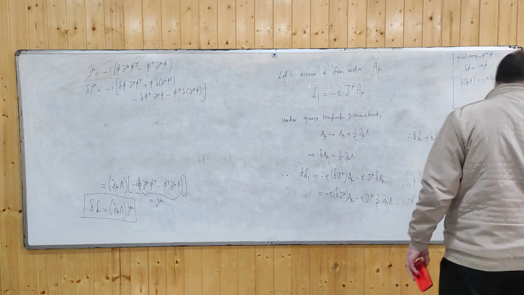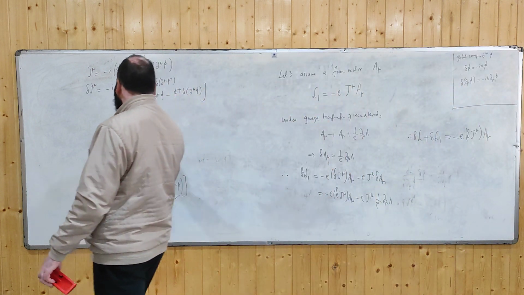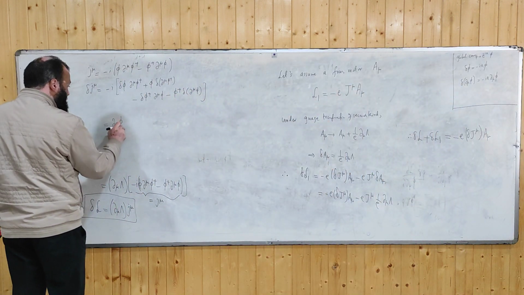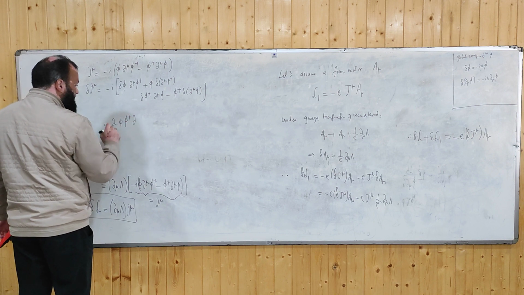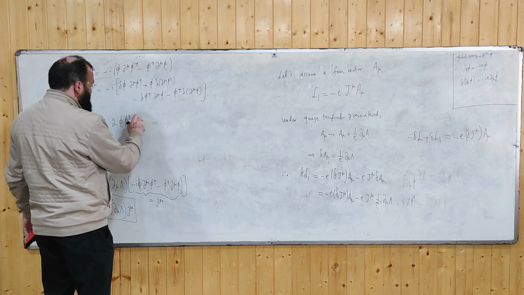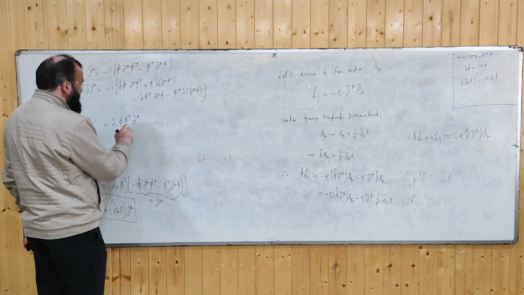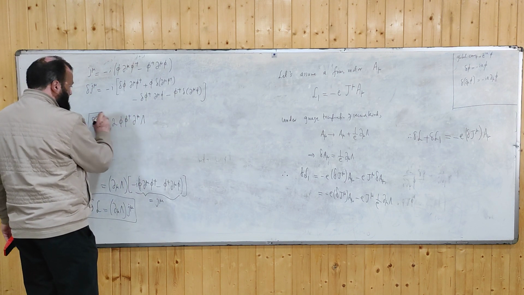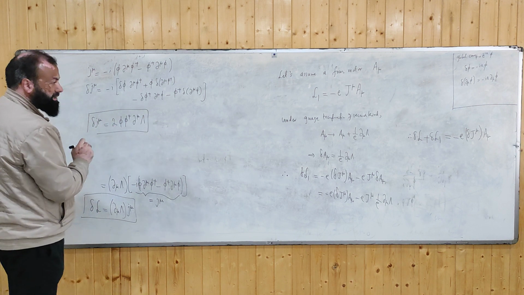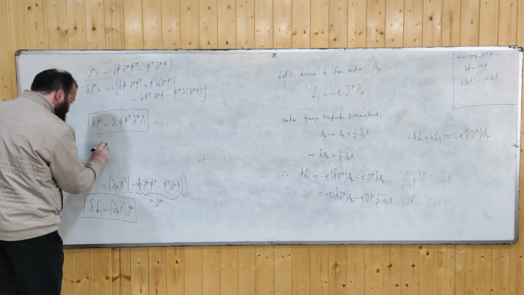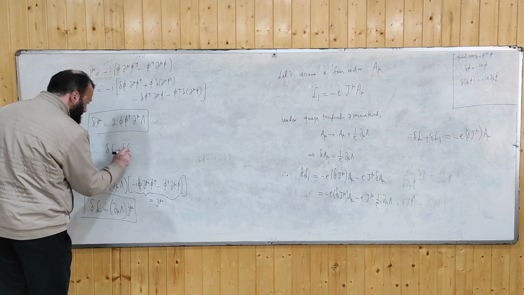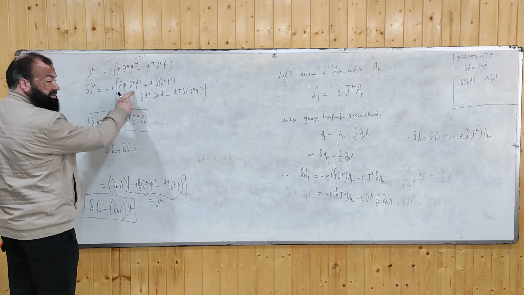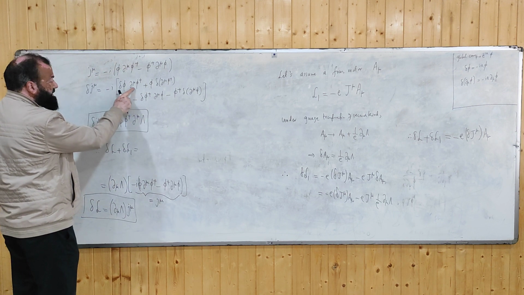You will get twice phi dagger partial mu lambda. Therefore, what is delta L plus delta L1? Just substitute the values. You keep this here.